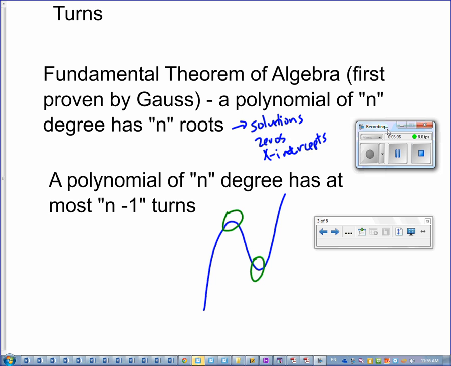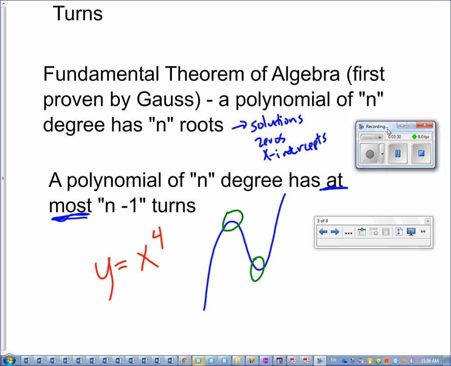From the fundamental theorem of algebra, mathematicians have figured out that if you have a polynomial of degree n, it has at most n minus 1 turns. It could have fewer, but that is at most. So for example, if I have y equals x to the 4th power, my degree is 4.